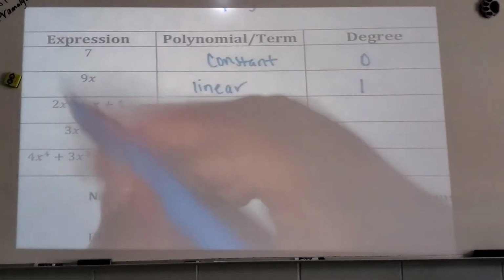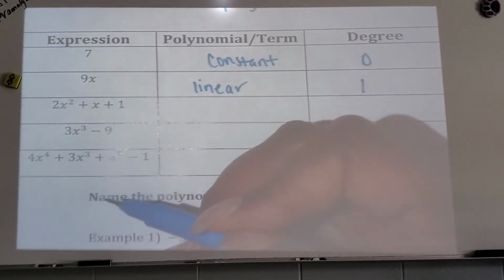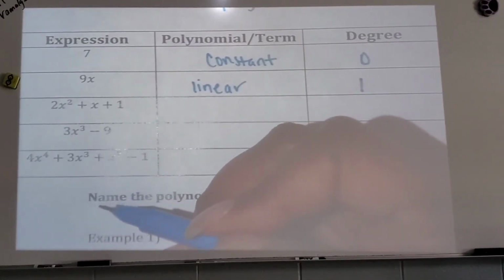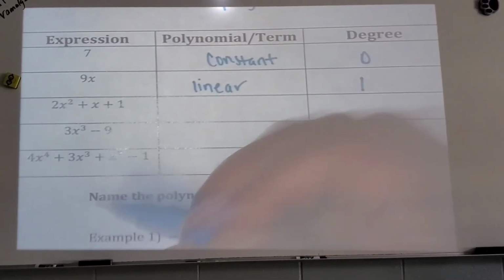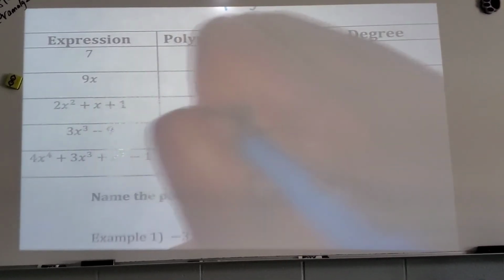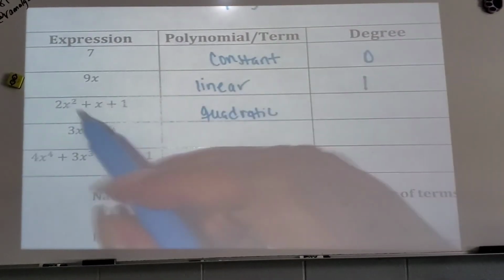The third term is 2x squared plus x plus 1. This is a quadratic equation.